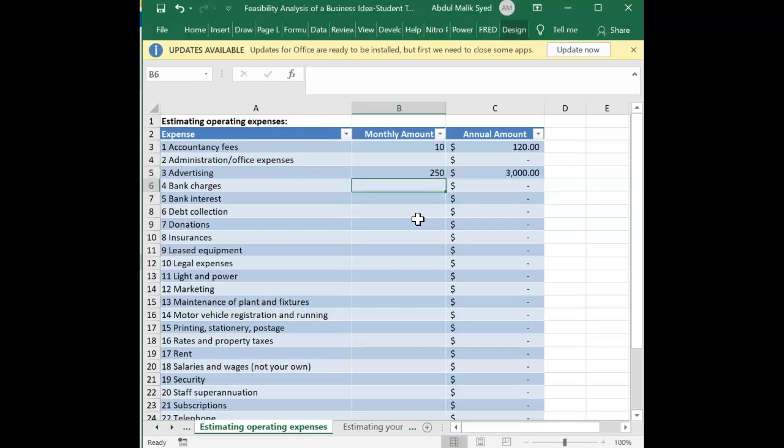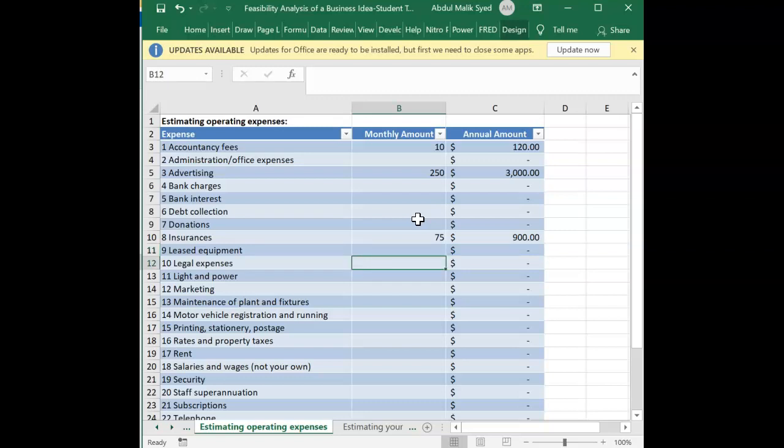We don't want to take any loan, so there will be no bank charges or interest, and we are not giving coffee on credit, it is cash sale, so there is no debt collection. Donations we don't require. Insurance, by law we need to take insurance for our shop. Let's say we need to pay every month around $75 for the insurance. Leased equipment, we are not taking any.